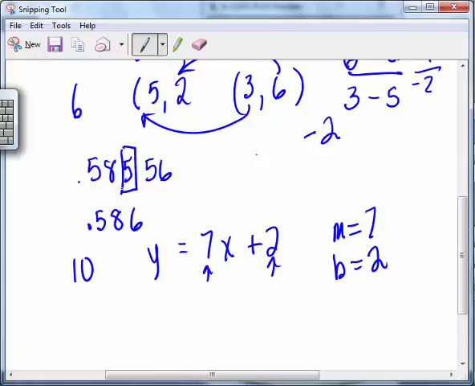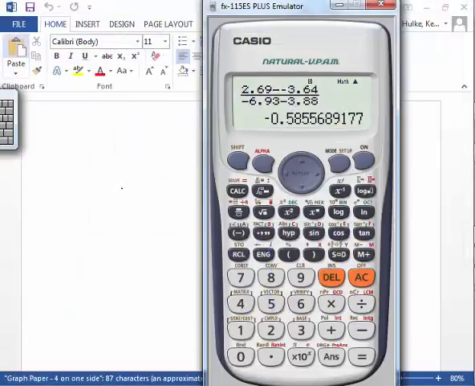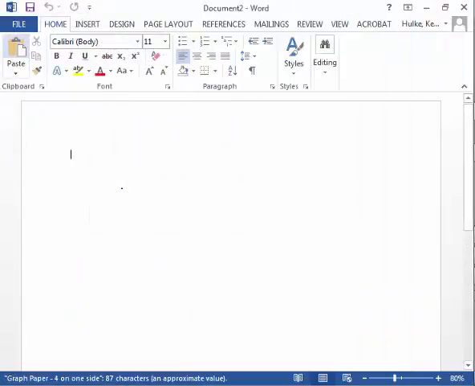Number 12, y equals negative 1.75x minus 5.44, and we get m is negative 1.75 and b is negative 5.44.